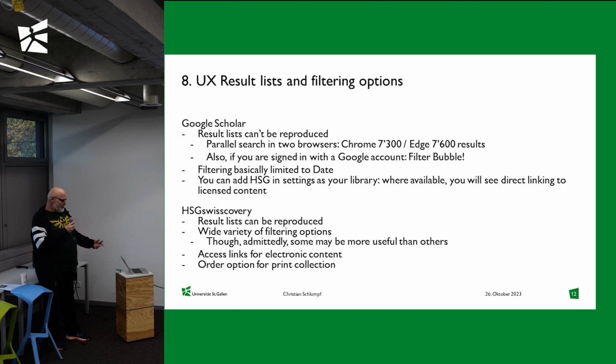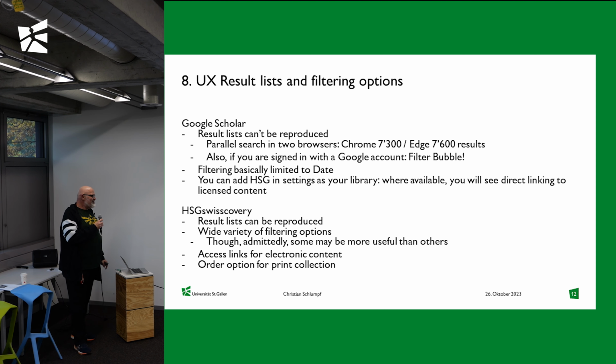Result lists and filtering options. One interesting thing about Google Scholar is you can't reproduce your results. I just tested it 2 hours before, run the same search query in 2 different browsers. Once 7,300 hits, in the other browser 7,600 hits.